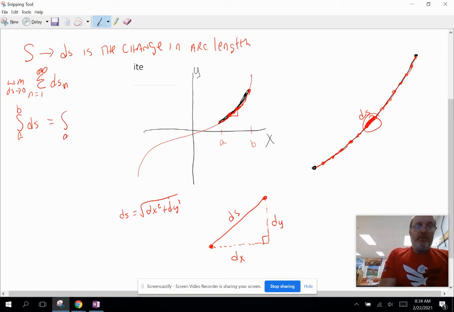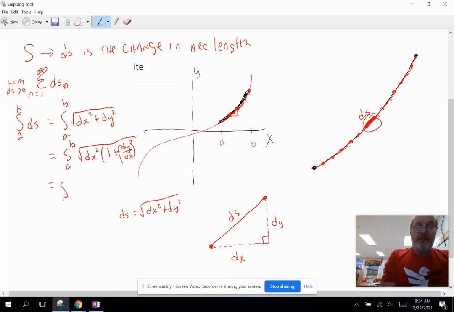So that if we sum from a to b all the ds's, what we're really summing is the square root of the sum of the squared differentials. Now what's really cool here is that we can factor out a dx squared inside there, and say that this is going to be dx squared times 1 plus dy over dx squared.